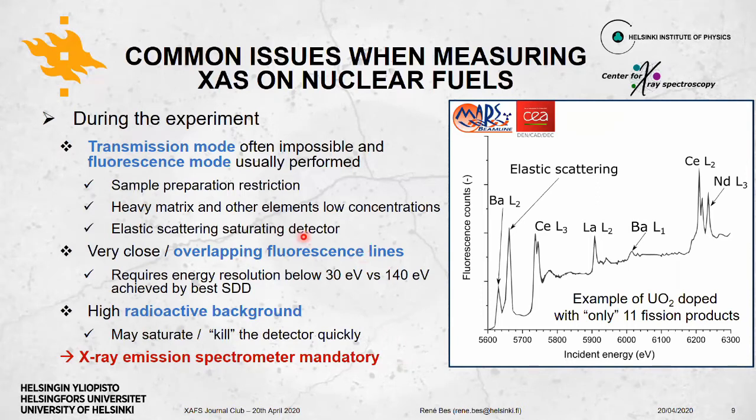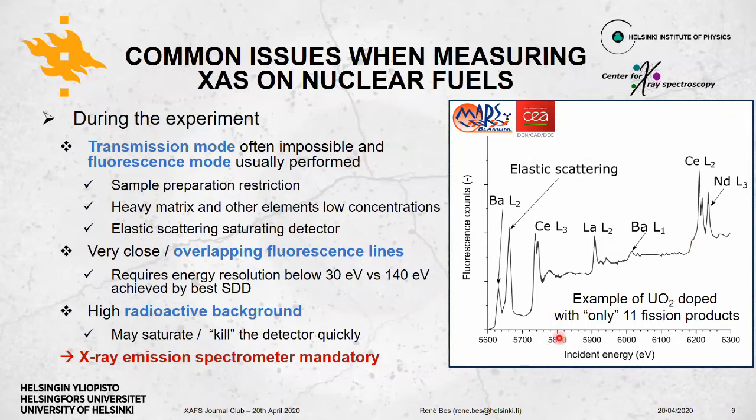So fluorescence mode is usually performed, but in fluorescence mode we sometimes have, because of the high crystallinity of the samples themselves, elastic scattering saturating detectors from time to time, so randomly. And we have a lot of fluorescence lines overlapping.